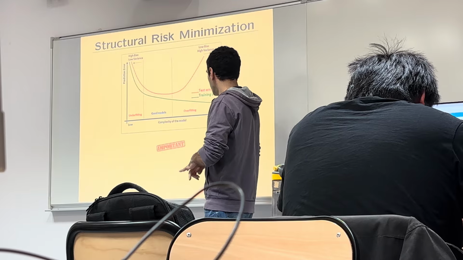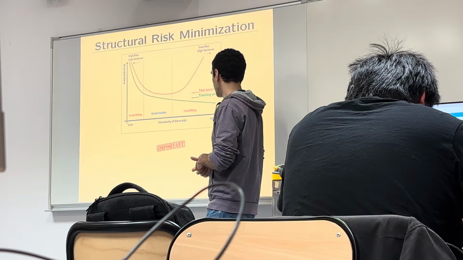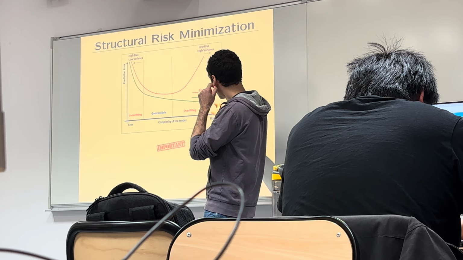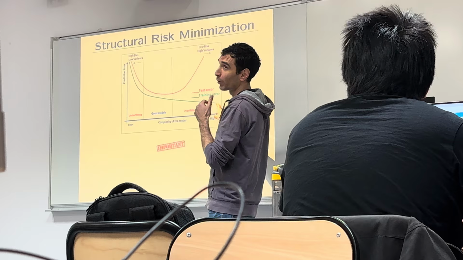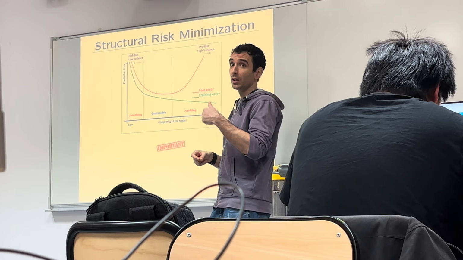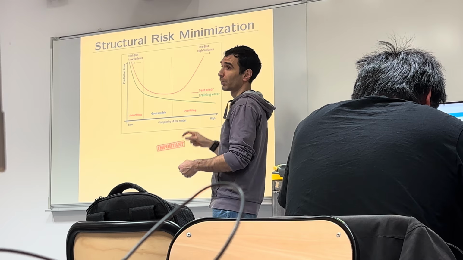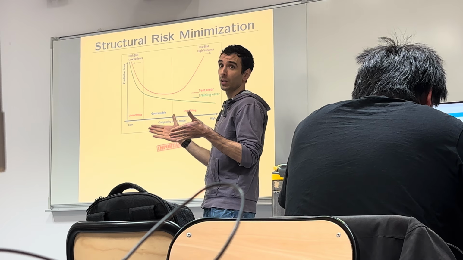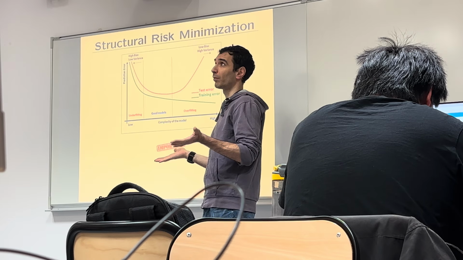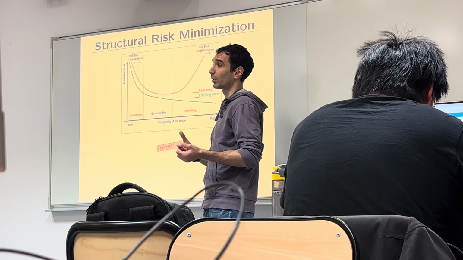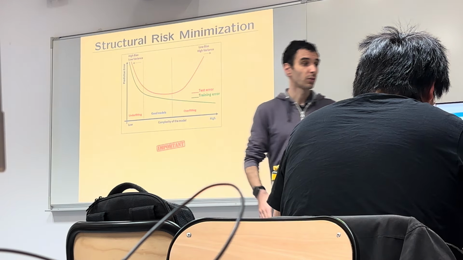the more complex the algorithm, the smaller the error on the training set. Okay, because it will basically fit your training data very well. Because you have all the outputs, and if you have many inputs, you can fit your outputs very well.